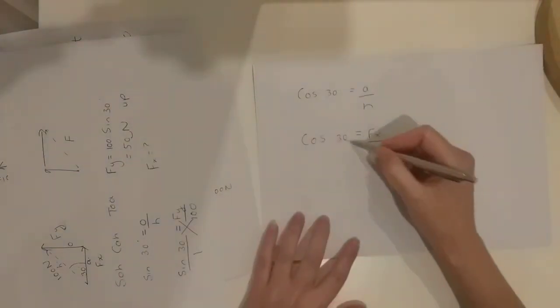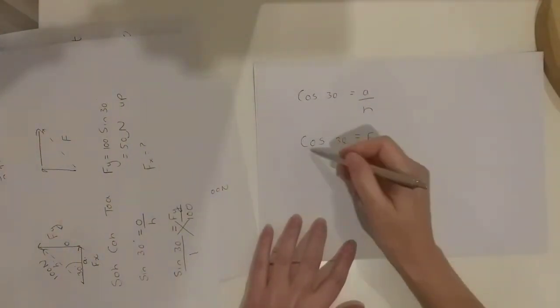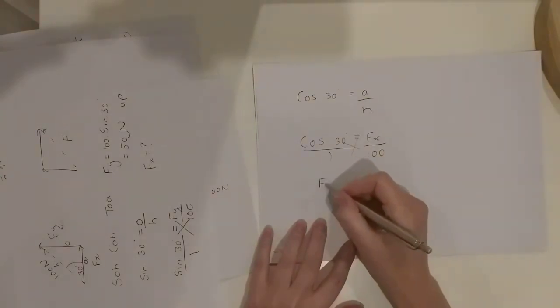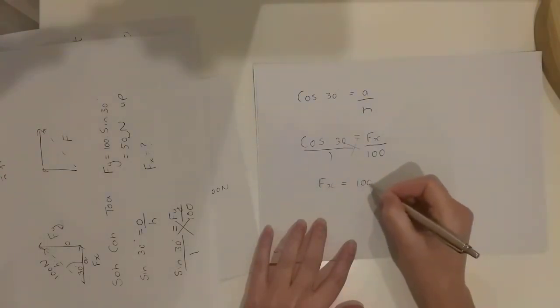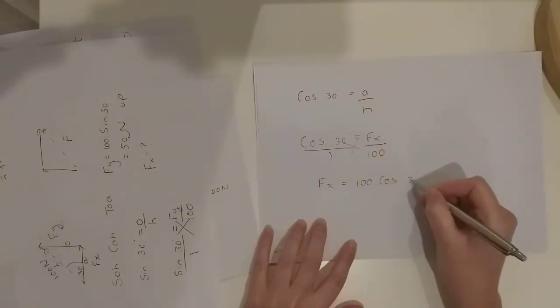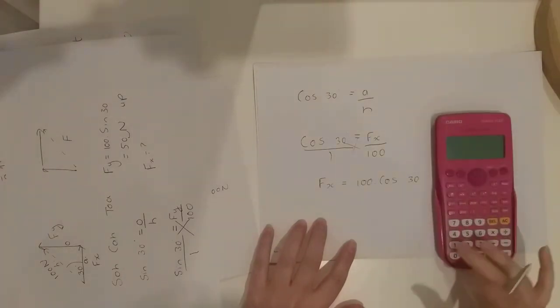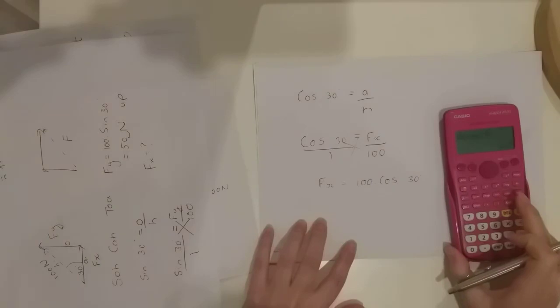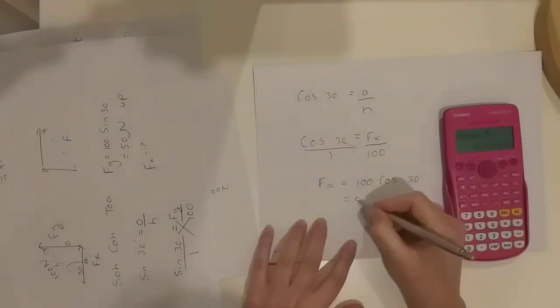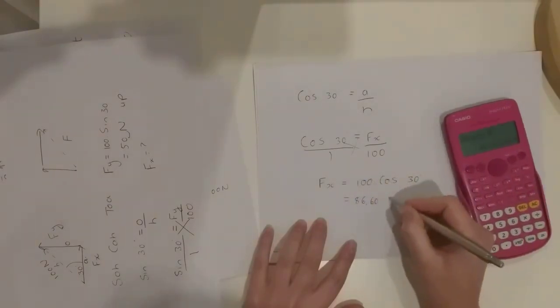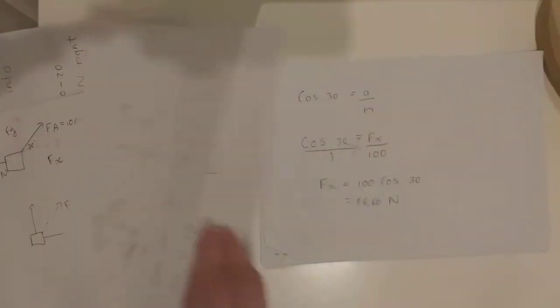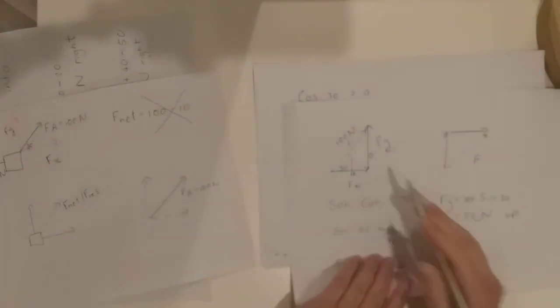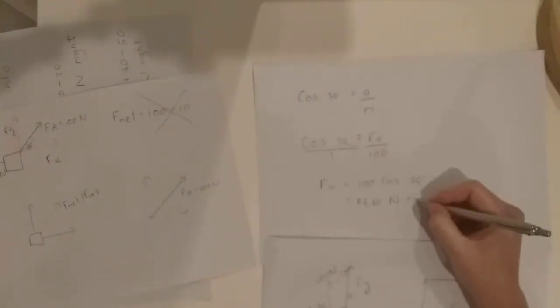Then cross multiply again, and you get Fx is equal to 100 times cos 30. So 100 multiplied by cos 30, which gives me 86.60 newtons. And in this case, this thing would have to get pulled to the right. So I'm going to say to the right.